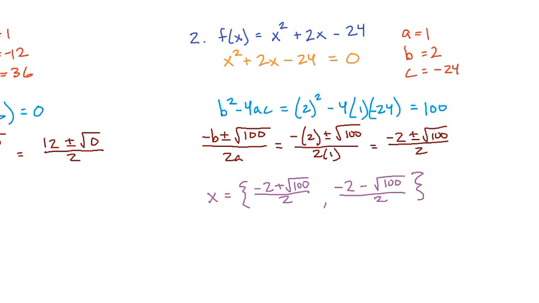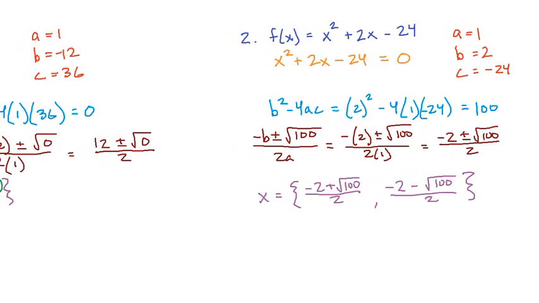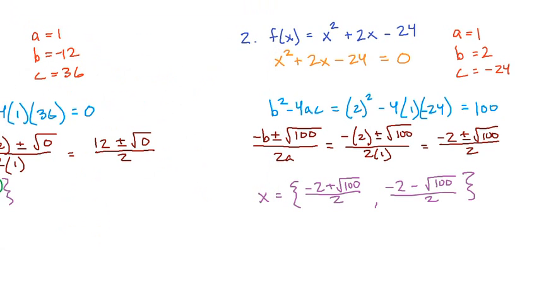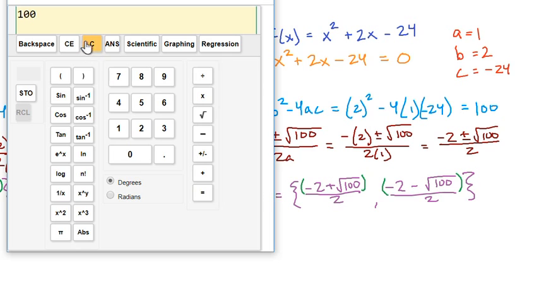Let's go ahead and put that in our calculator and get those answers. Oh, sorry, I forgot this. Remember, class, again, when you use the quadratic formula, please make sure if you use a calculator to solve this that you put the numerator in parentheses. Otherwise, it's going to give you an incorrect answer. Alright, let's try this out.